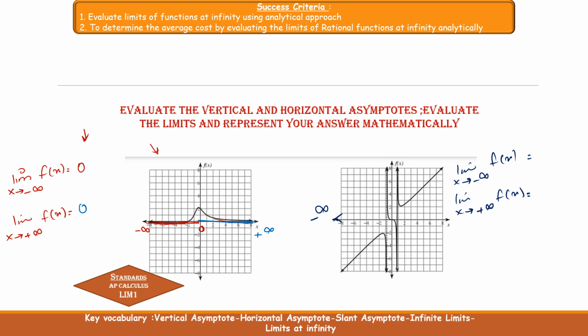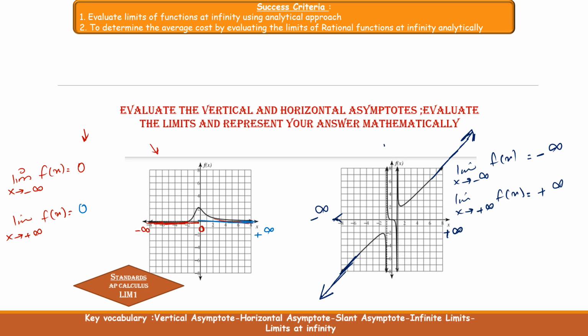What is the end behavior of the graph? The graph is going down and down and down, which means it is also equal to negative infinity. When x is approaching positive infinity, you can see the end behavior of the graph. It is going up and up and up. No horizontal asymptote it is making. So it will be positive infinity.